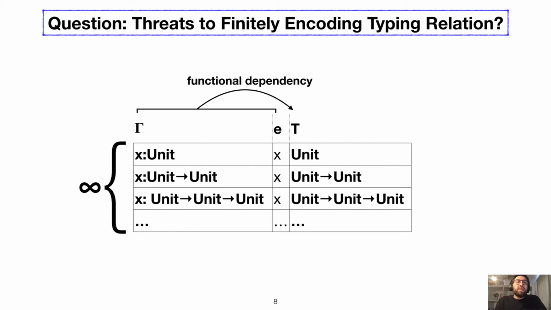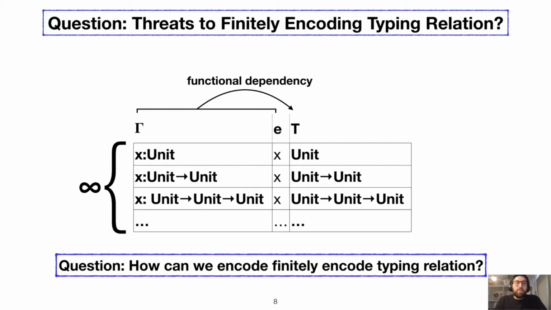But there is an infinite number of contexts to consider. So the functional dependency is not sufficient to restrict the typing relation to a finite number of tuples. So the context is a threat to finitely encoding the typing relation. So the question is, how can we actually encode it then? How can we use Datalog?